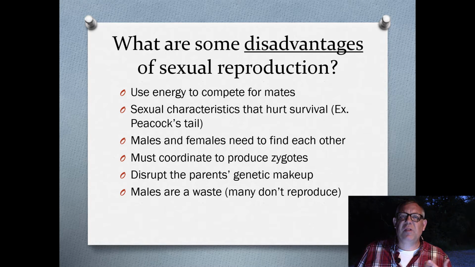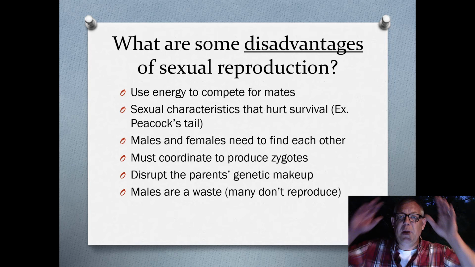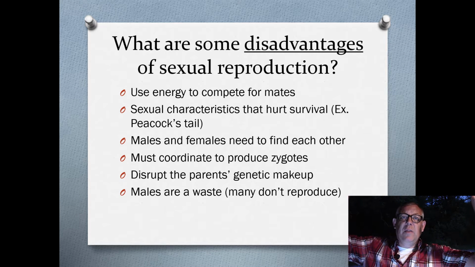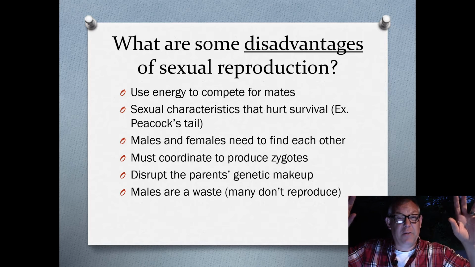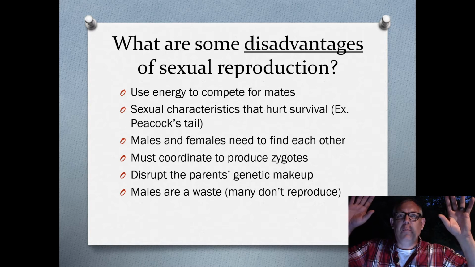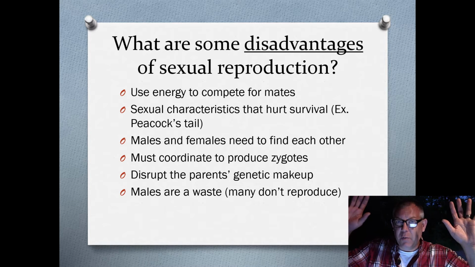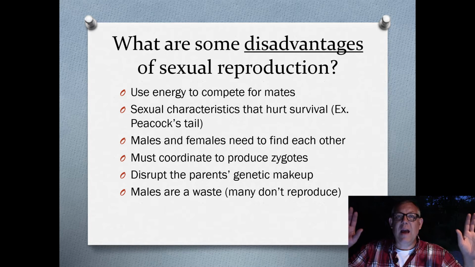There are a lot of sexual characteristics that hurt your survival. Classic example is the peacock's tail, right? The male peacock tail is this huge ornate thing. Does that improve its survival? Does that help the male peacock fly? Does that help the male peacock hide from predators? It does quite the opposite.